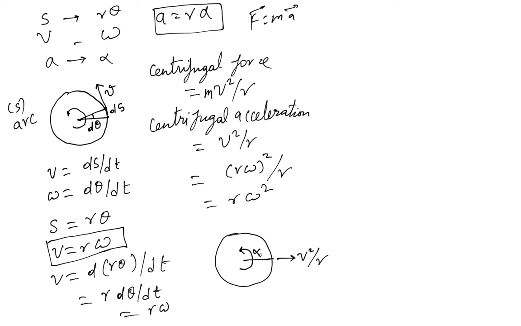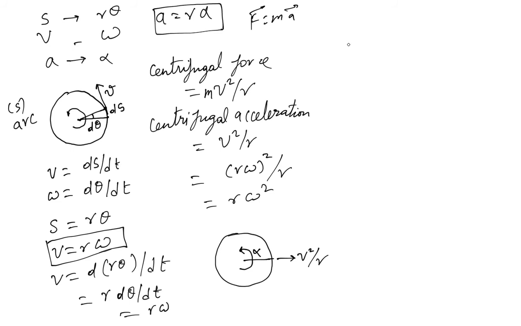By angular acceleration I mean its angular velocity is also increasing with time. When we were talking about centrifugal acceleration, we assumed that velocity was constant, or angular velocity was constant. Both of them are related by this. But let's say in this case, not only do we have centrifugal acceleration, we also have angular acceleration.